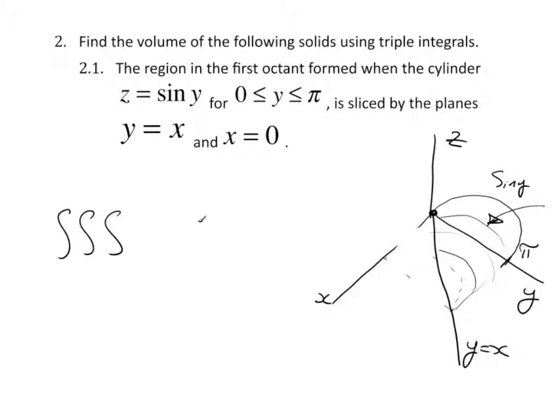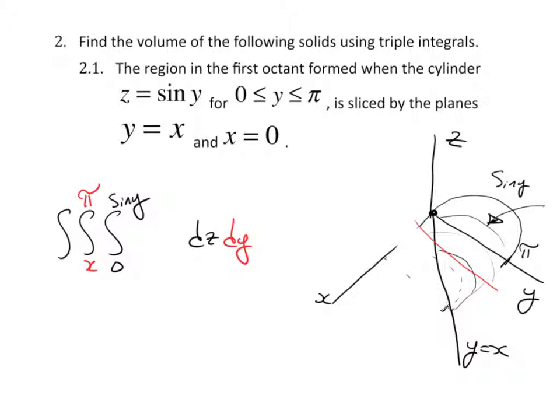So z is going from 0 to sine y. Then I can look at this a couple of different ways. If I think in terms of what y is doing, y goes from the line y equals x up to pi. So y goes from x to pi.